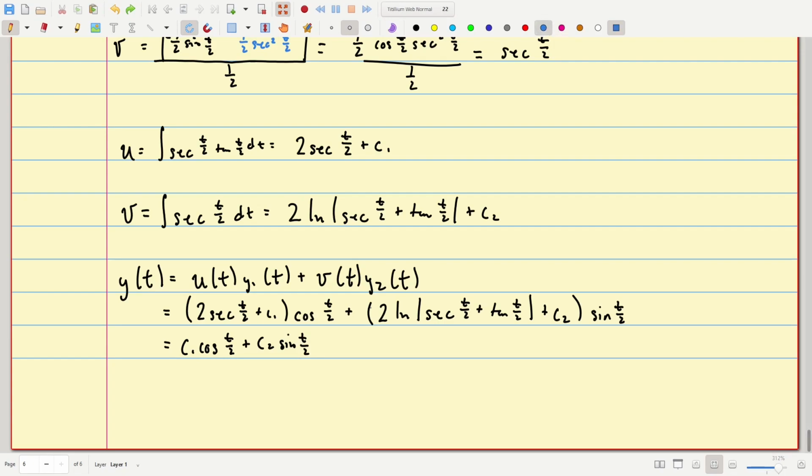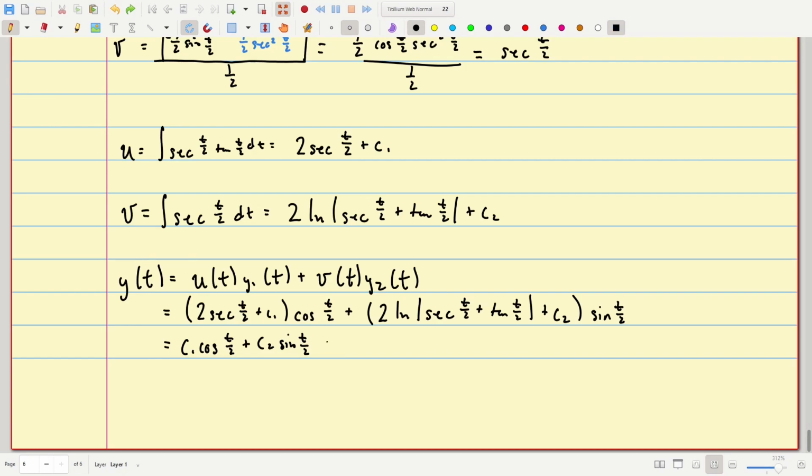In this problem, part of the reason why problems similar to it are pretty popular is that this happens. These two things get multiplied together, and it turns out that we're going to get just a 2 here because secant times cosine is 1.